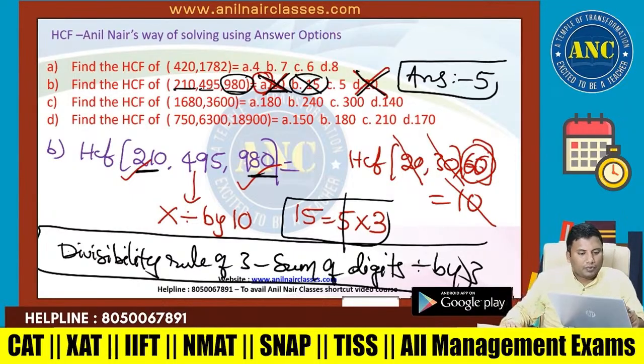All the other numbers are divisible by 3. 2 plus 1 is 3, and 3 is divisible by 3. 495: 4 plus 9, 13, 13 plus 5, 18. 18 is divisible by 3. Option C.